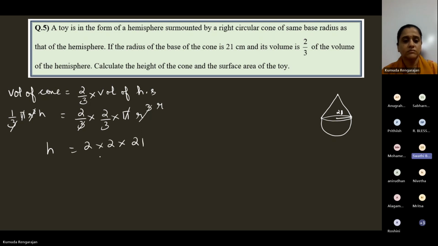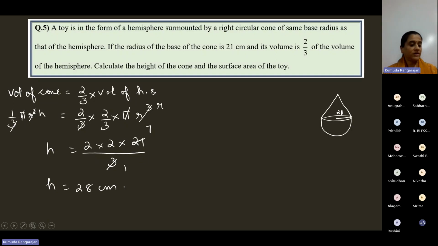Ma'am, I got 28 centimeter. Yeah, even I'm getting the same. I'm getting H as 28. Asif has said 35. See if I'm right.